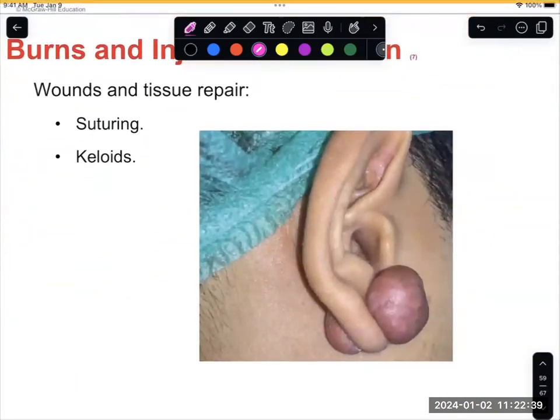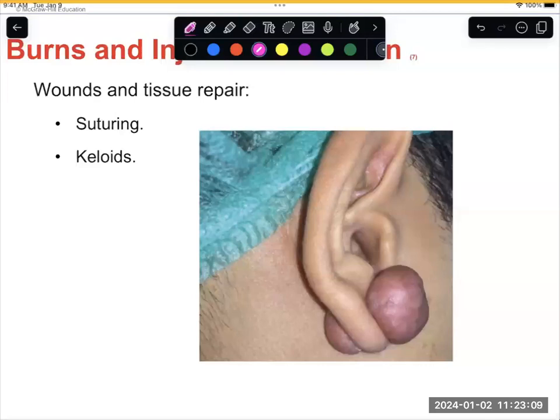Suturing or keloids. Suturing is manually bringing the edges of the wound together. So they usually use non-absorbable or absorbable sutures or even a liquid adhesive to bring that skin together. If you've ever had stitches before or had surgery where they use skin glue, that's bringing everything together.